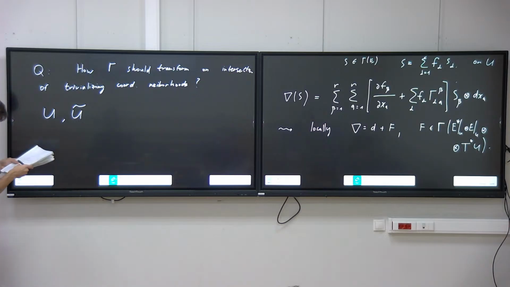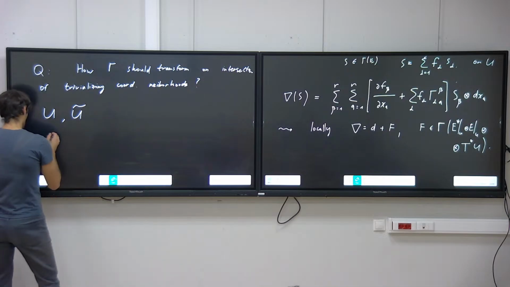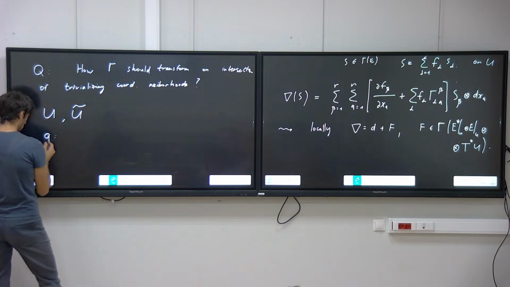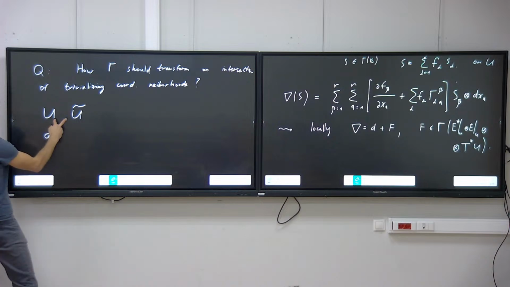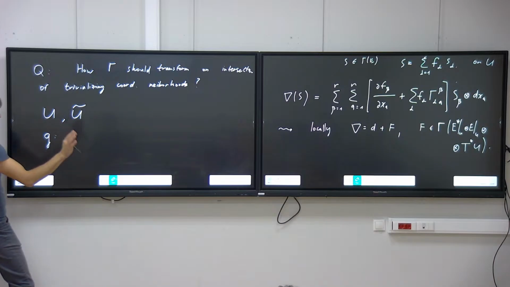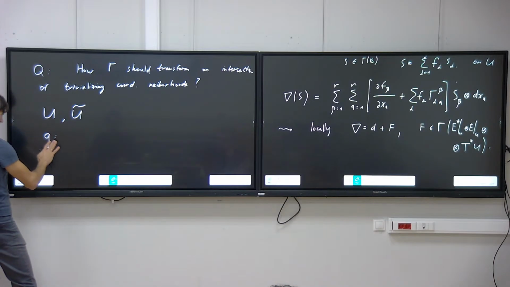And then I have clutching data, which we usually denote with indices, but since there are only two elements of a cover, let me just keep it g.